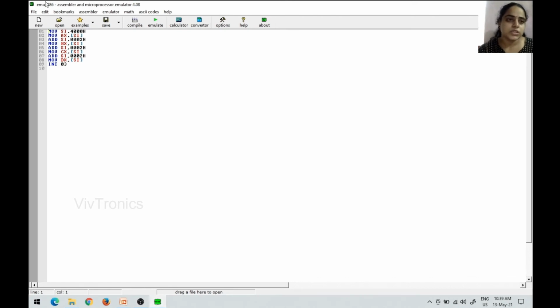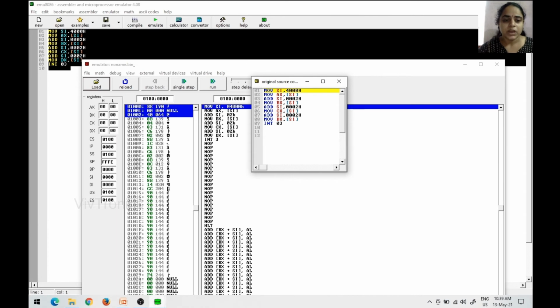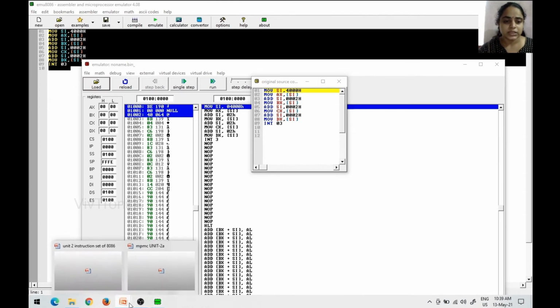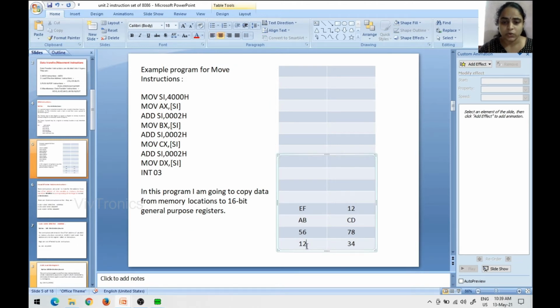So students, this is the EMU8086 assembler and microprocessor emulator, version 4.08 software. I have copied our program to this one. So now I am going to save this file. Okay. So I am emulating this file, and we know the data that is there in our instruction set. So this is the 4000 memory location, this is 4001, 4002.